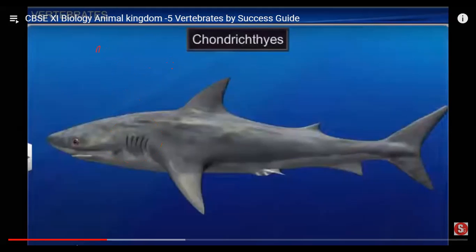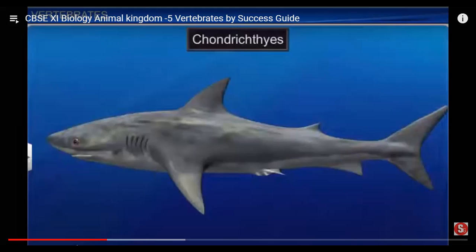They have an air bladder, an air-containing sac. So the air bladder is present inside the bony fish, and it doesn't need to flap every second, but cartilaginous fishes don't have this kind of air bladder.